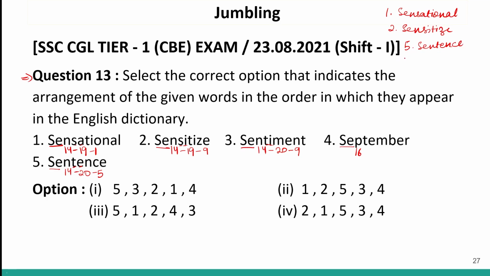After this, the next word will be sentiment. And the last word for us will be September. So the correct sequence will be 1, 2, 5, 3, 4, and 1, 2, 5, 3, 4 is given in option number 2. So option number 2 will be your correct answer. Clear?